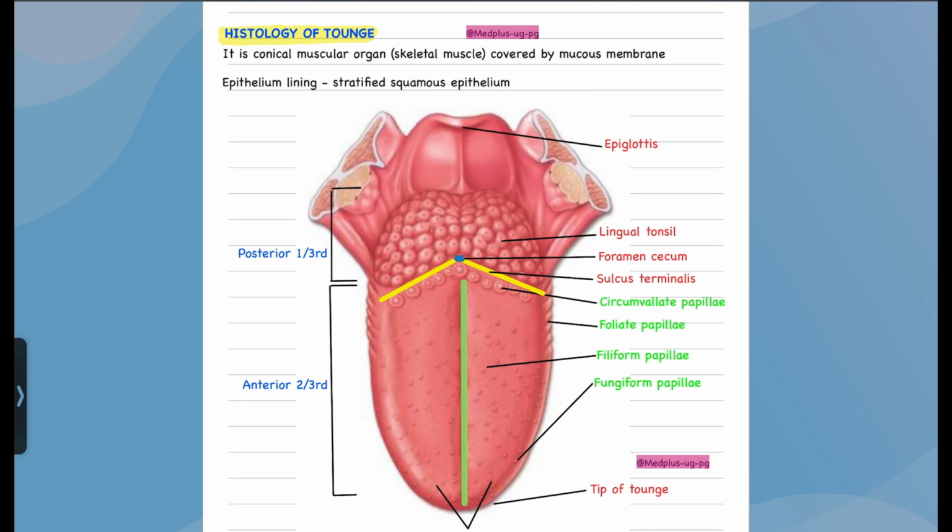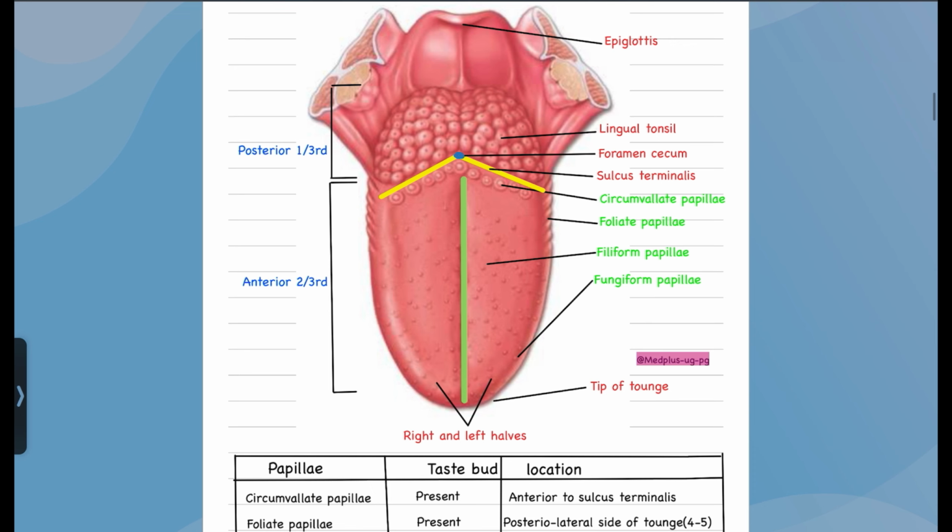These are only 5 to 6 in number on each side, and the rest of the tongue is mostly covered by the filiform papillae, and the anterior lateral part and tip of the tongue is covered by the fungiform papillae. And the tongue is divided by a groove into right and left halves.